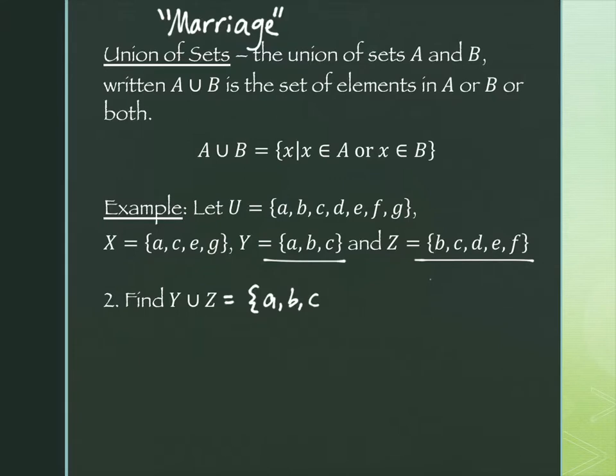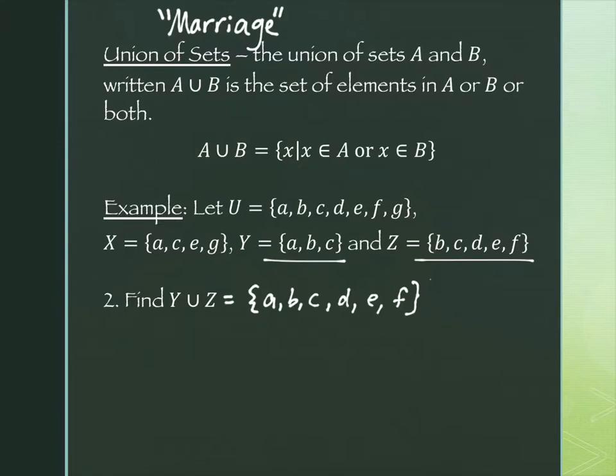I already listed B, I already listed C, so now I have D, E, F. Start to finish, I get them all. So we have things they have in common, that's intersection. We have the collection of all the things, that's the union.